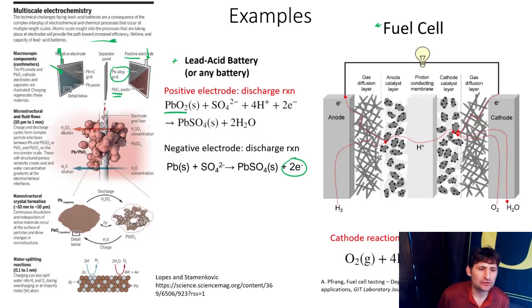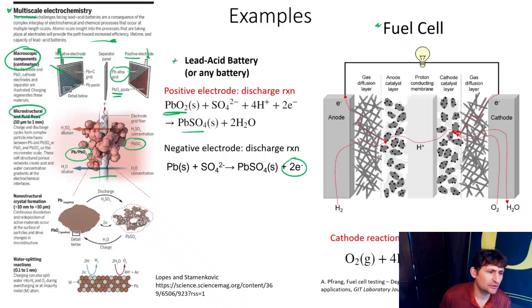As you do that, you convert this lead oxide coating to a lead sulfate coating. Both of these have substantial nano and microstructure, as illustrated here in this picture, supported on this high surface area grid. So the electrochemistry in a battery is inherently multi-scale. It includes the macroscopic components, the grids and the current collectors.